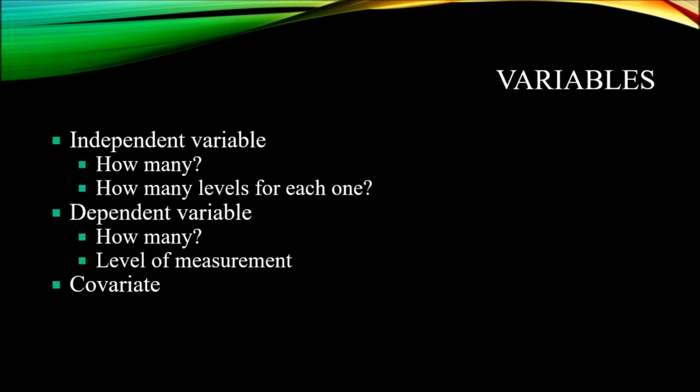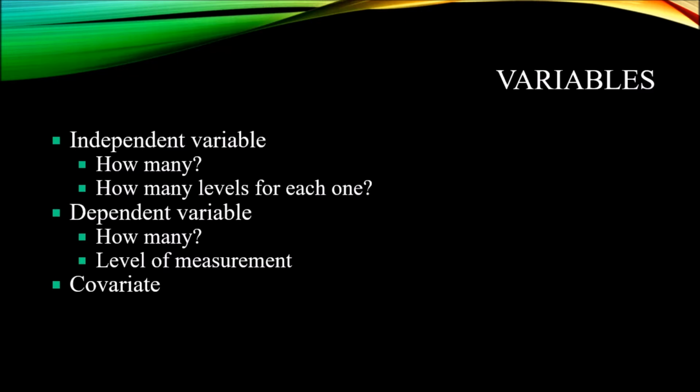For example, a common independent variable is treatment, like the example I used before with one level being CBT and another level being psychodynamic. That's the variable that we manipulate. We can assign participants to both of those levels of that independent variable, treatment.